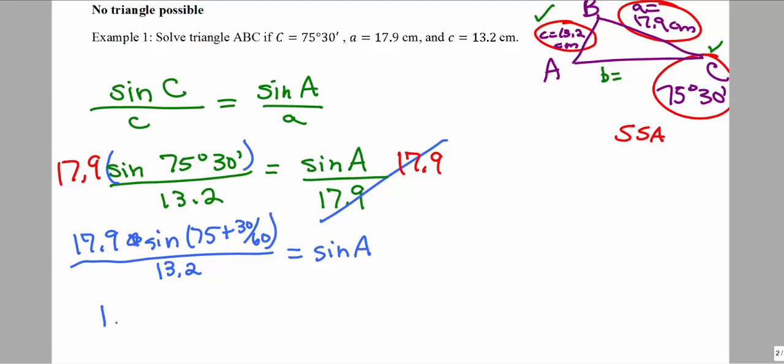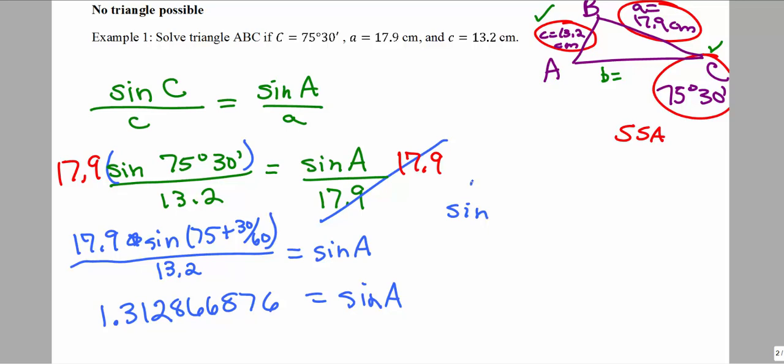So when we put this into our calculator, we get 1.312866876. What this is saying in this equation is that the sine value of angle A would have to be 1.3 and so on. Well, what do we know about sine?